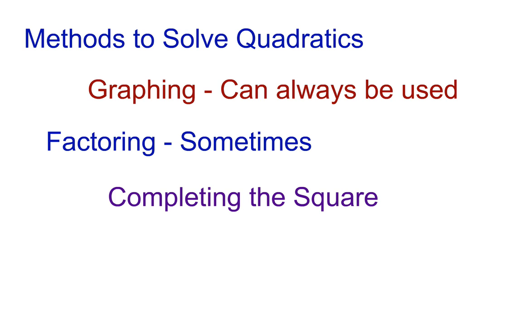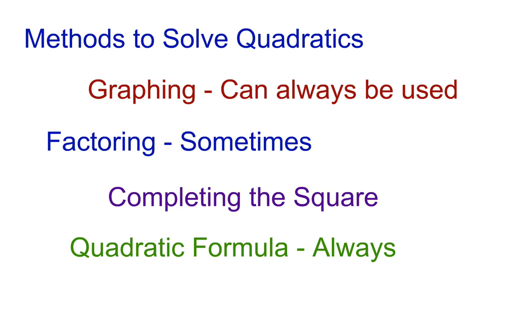We can solve it by completing the square. It can always be used as well, and it's useful when b is an even number. And our last method is the quadratic formula, which also can always be used.